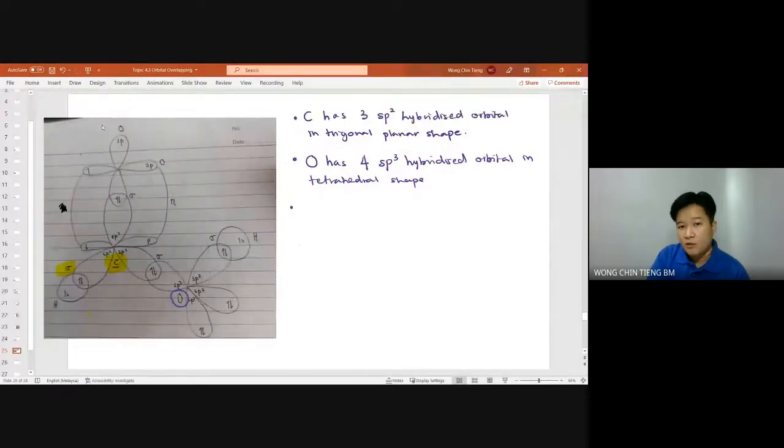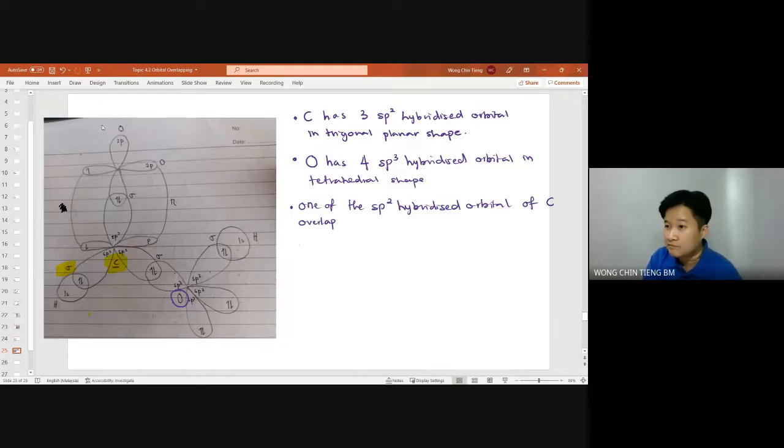Senang je. One of the sp2 hybridized orbital of carbon overlap. Overlap ada dua cara, end to end dengan side by side. Betul? This one, end to end or side by side.